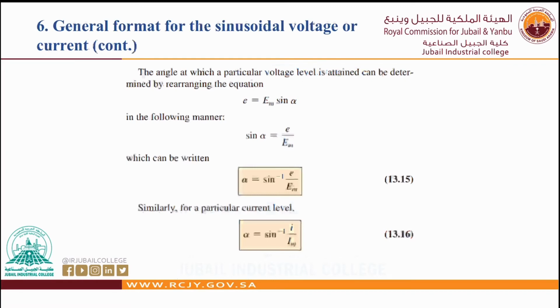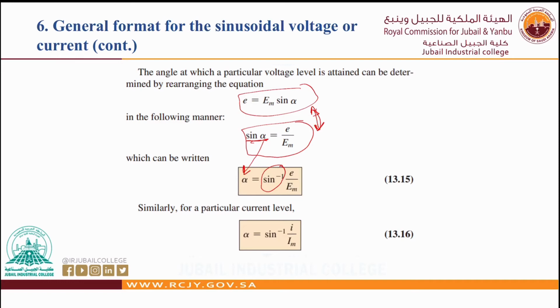Now, the angle at which a particular voltage level is attained can be determined by rearranging the equation. Sine alpha is equal to e over Em, from this equation. So we are going to rearrange. Now, this is sine here and this is alpha. So if I need to have the alpha alone, I should have sine to the power minus 1, e over Em.